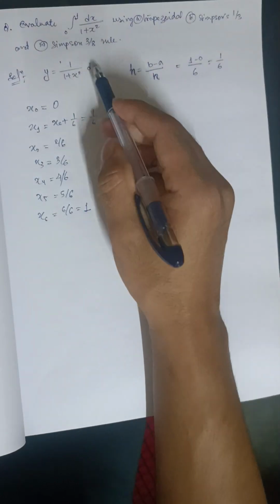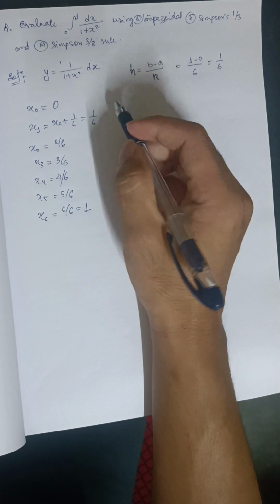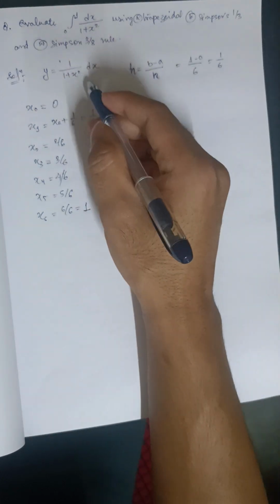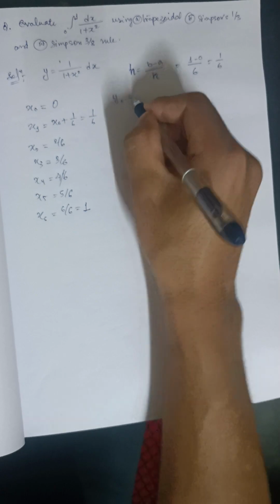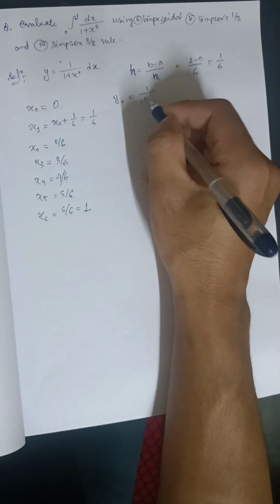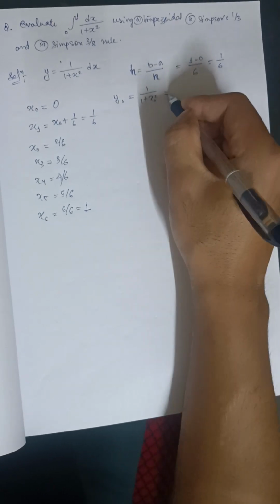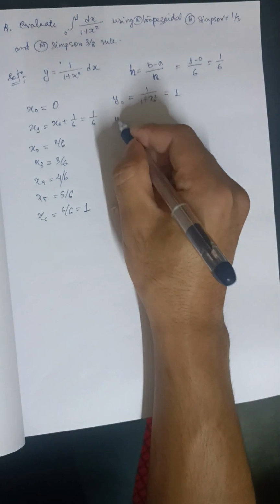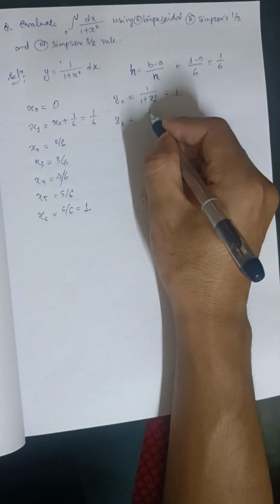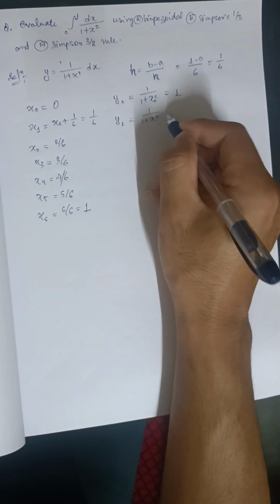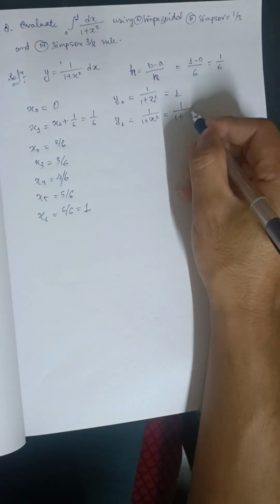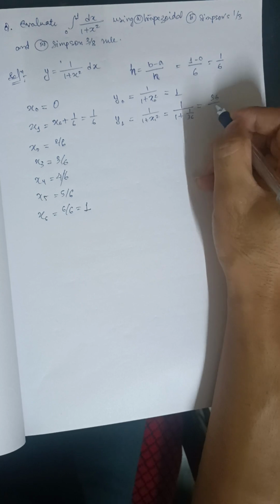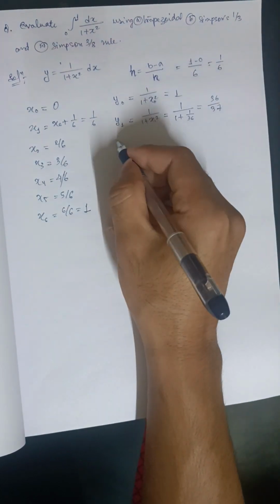Now as we know that y is equal to 1 upon 1 plus x squared, we'll put a value of x in this formula. So y0 will be 1 upon 1 plus x0 squared, we'll get here 1. And our y1 will be equal to 1 upon 1 plus x1 squared, that is equal to 1 upon 1 plus 1 by 36, which will equal 36 by 37.